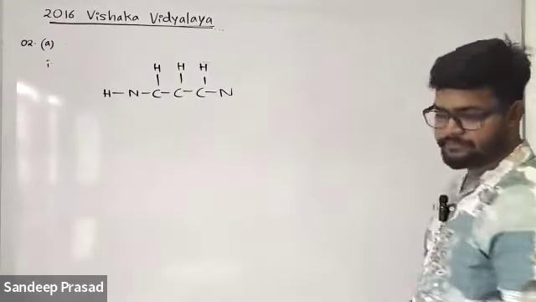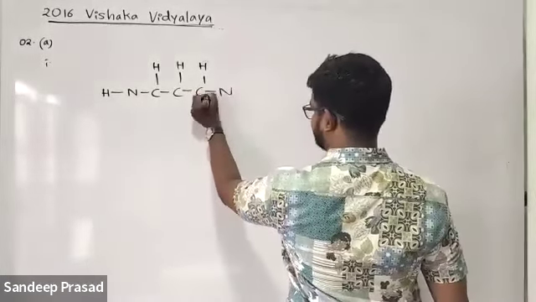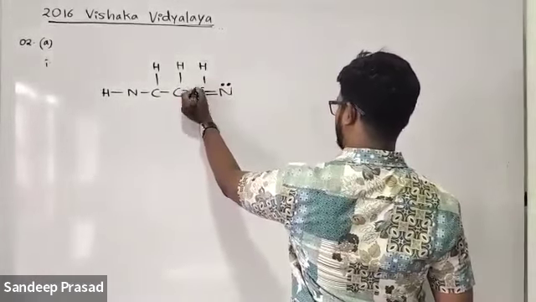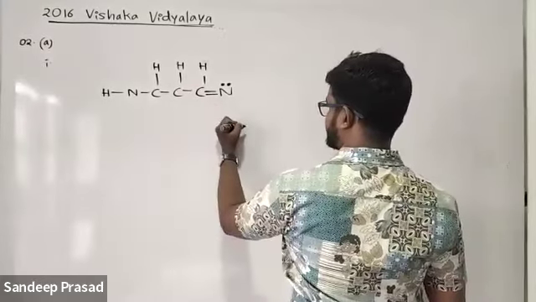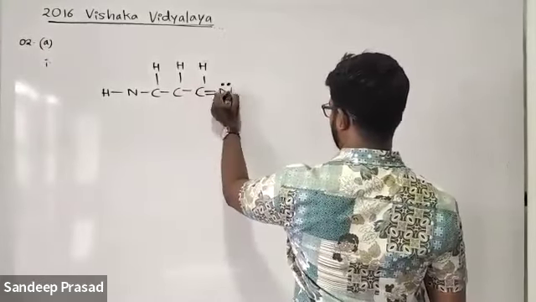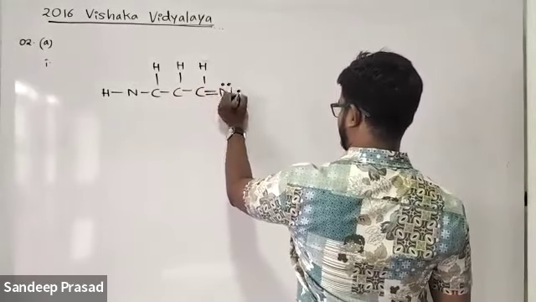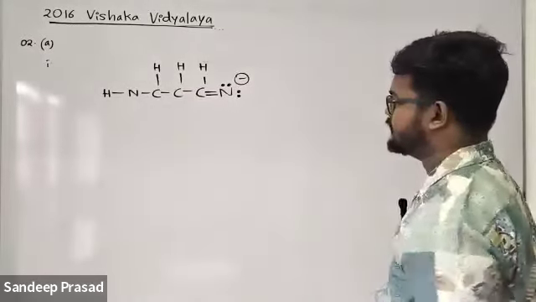We know that definitely this carbon and nitrogen should form a double bond, because carbon should form 4 bonds in order to satisfy the octet. So there are no other options. The only option is to form a double bond here. 1, 2, 3, 4. Then nitrogen will get here 1, 2, 3, 4, 5, 6, a negative charge. Got it?